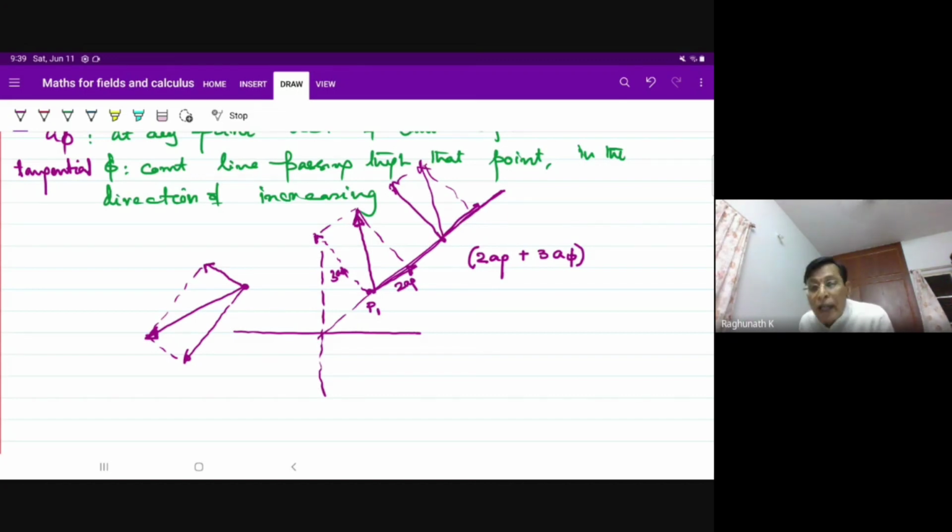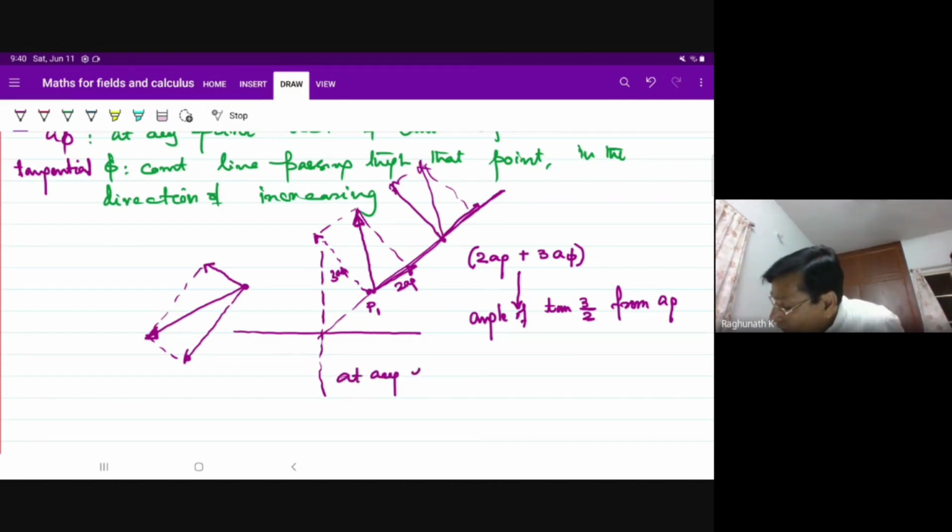Two a rho plus 3 a phi, listen carefully. It makes an angle of tan inverse of 3/2 from a rho. What is the angle of the vector at any point rho naught, phi naught?